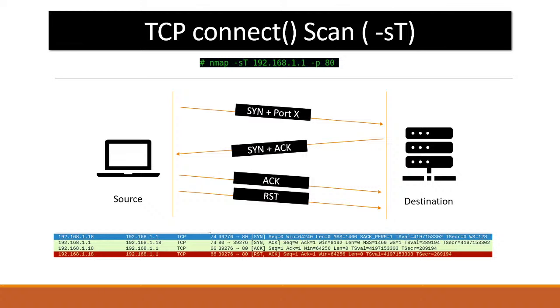Some machines do not log things, or maybe you are scanning your own devices, which you're not worried about getting logged. Then you can go for this scan to check the service. This is called a TCP connect scan.